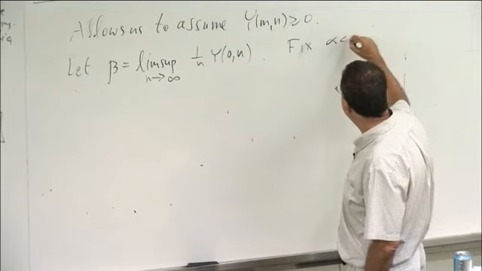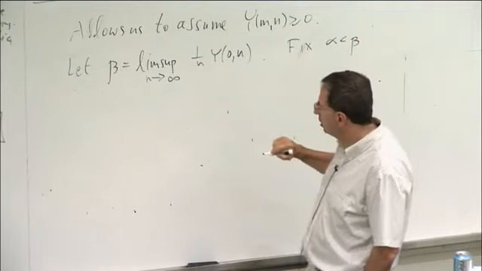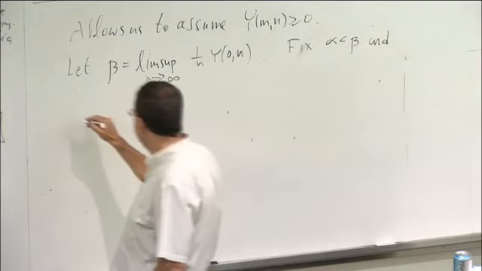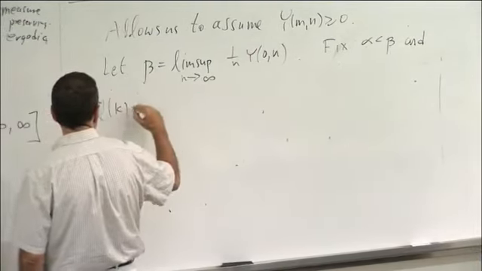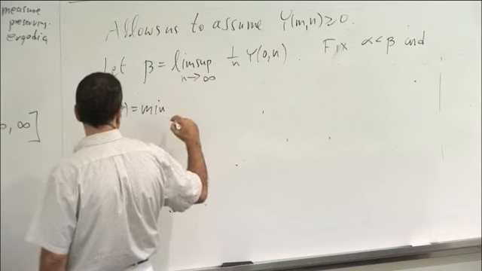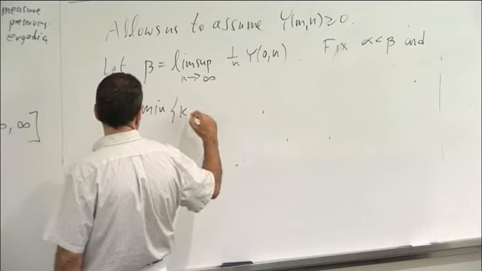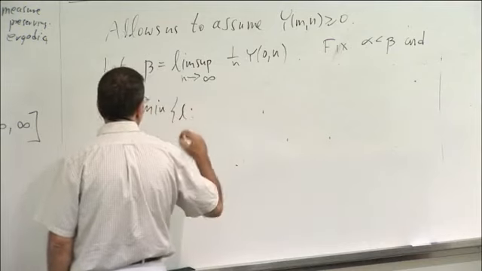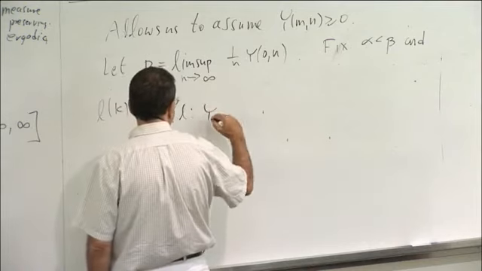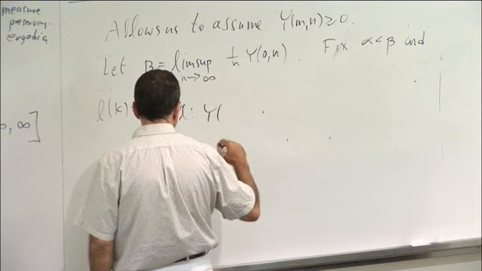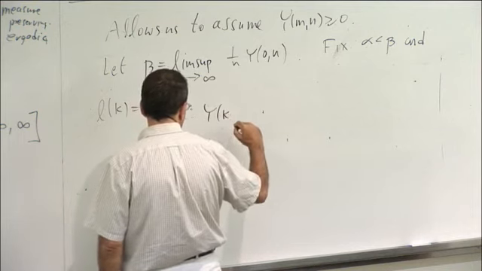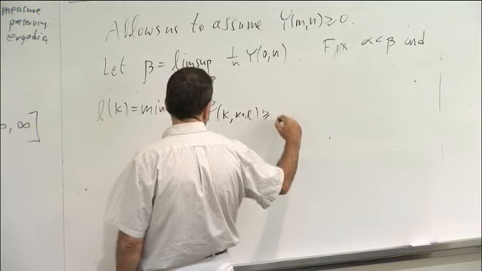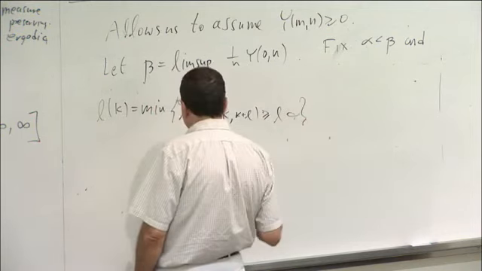Okay, we fix alpha less than beta. And define, like before, L of k as the first L so that when we take Y from k to k plus L, this is bigger than L alpha.